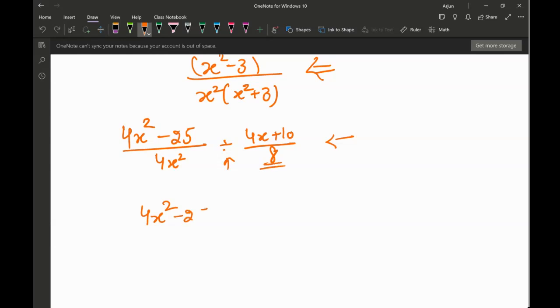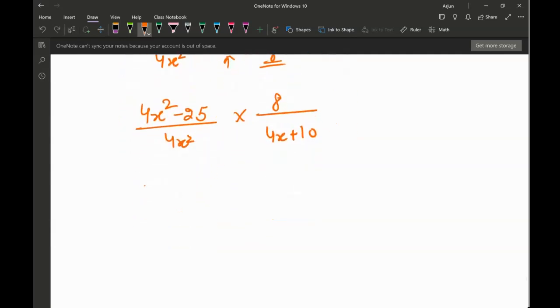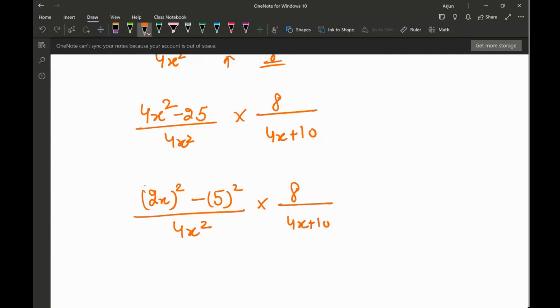So 4x square minus 25 upon 4x square, multiplied by 8 upon 4x plus 10, and then I can reduce this top, so I can write it as 2x whole square minus 5 square, divided by 4x square, multiplied by 8 upon 4x plus 10.